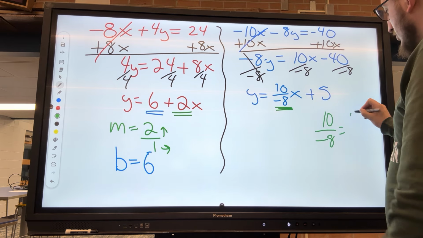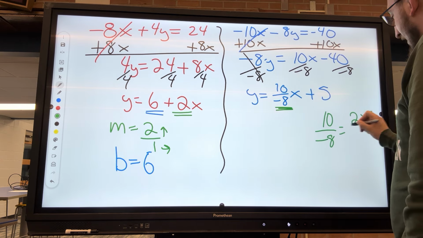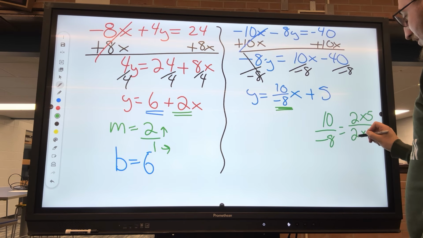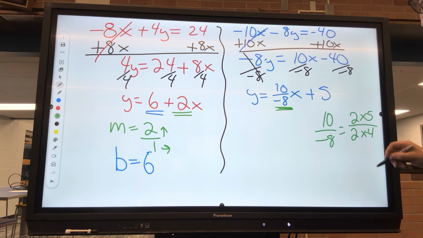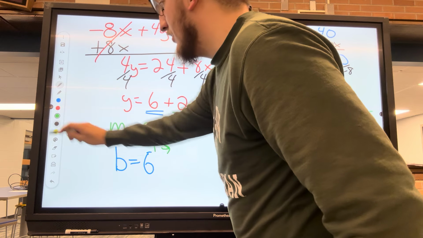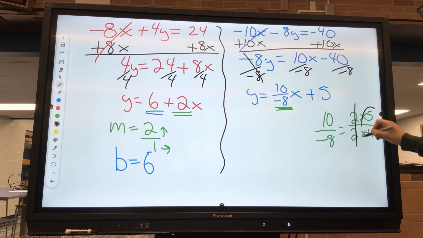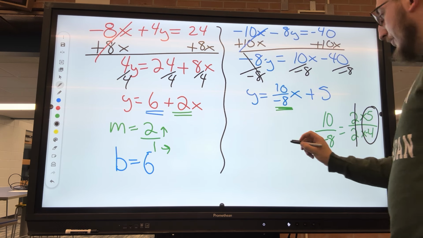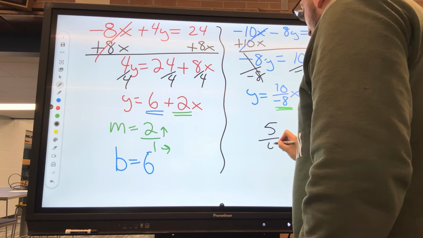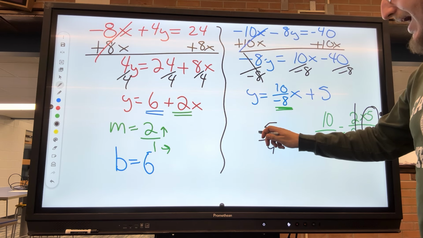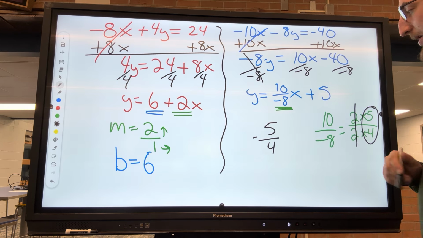So 10 is the same as 2 times 5, and 8 is the same as 2 times 4, or negative 2 times negative 4. And if there's a factor in the top and the bottom, they can cancel out. So what is our new slope? Our real slope is going to be negative 5 over 4. Whether the negative sign is on the top or bottom doesn't matter. I like to always write it just in front. So there's that.